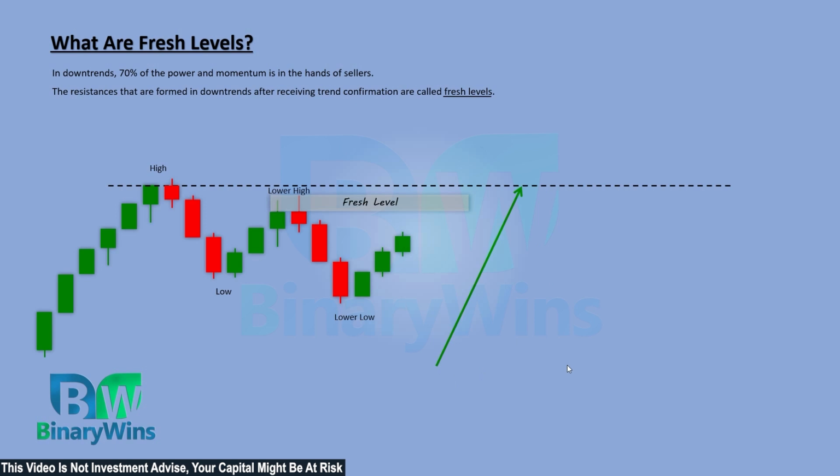You can see in the line chart, we have a downtrend, we have confirmations of the trend, so all the resistances are fresh resistances for us, and they are very important, okay?